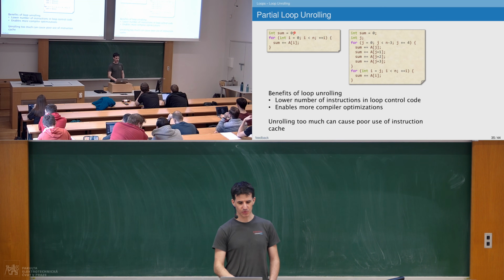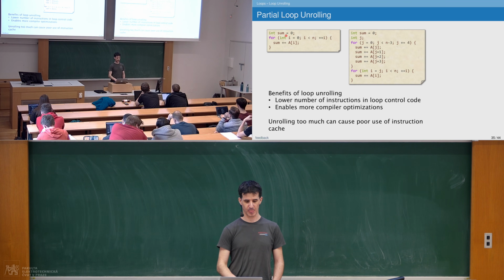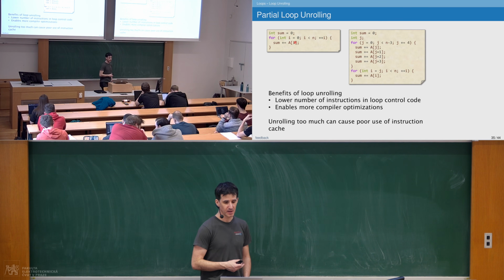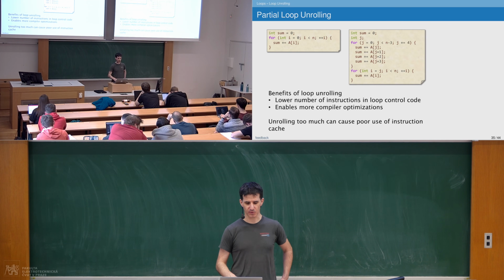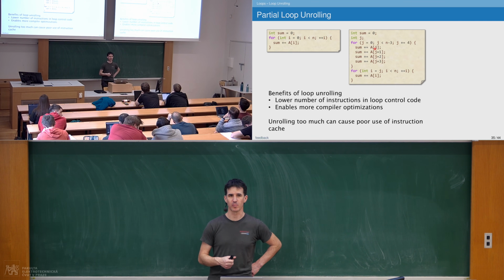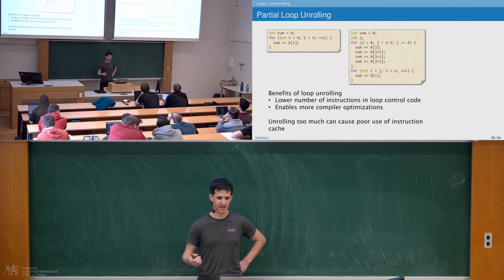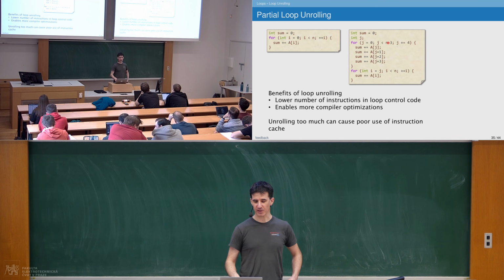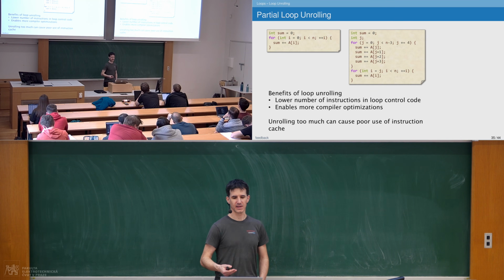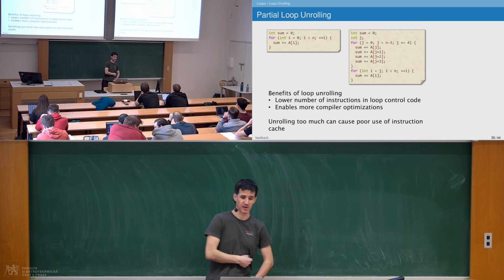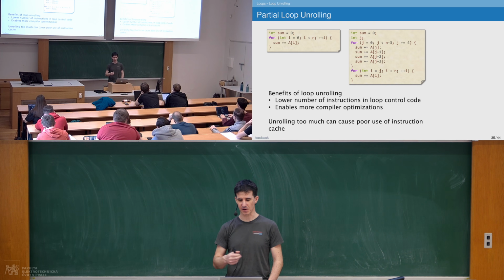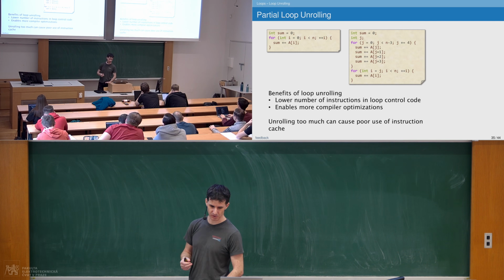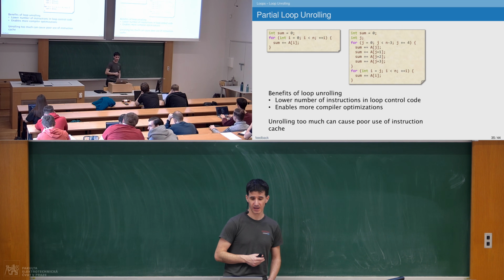So if you need to sum some numbers in your array, but you don't know how long the array is, what you can do, for example, is sum 4 numbers in a single loop iteration. The advantage is that you save the overhead of the loop iteration by 4 times, because there will not be a jump and comparison every iteration, but only every 4 iterations.